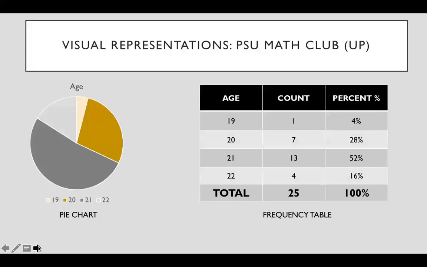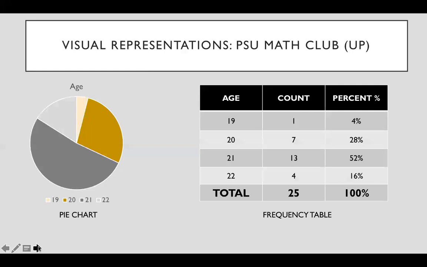Here are some visual representations you've become familiar with throughout the semester. I'm using the Penn State Math Club as an example. I made up these numbers. In the pie chart on the left, age is the whole, and each section represents a different age.